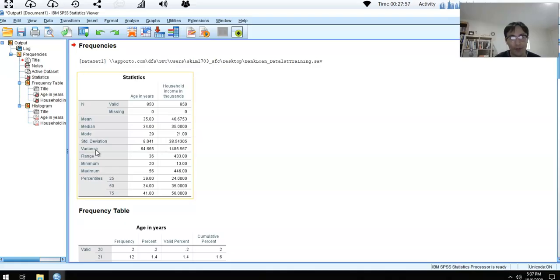It's not population. And then range, minimum and maximum. And then percentiles. Look at this, percentile is 25, 50, 75. So that's quartile number 1, this is quartile number 2, and this is quartile number 3, right?